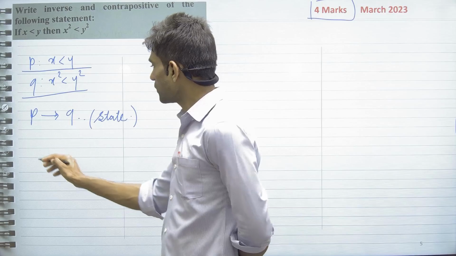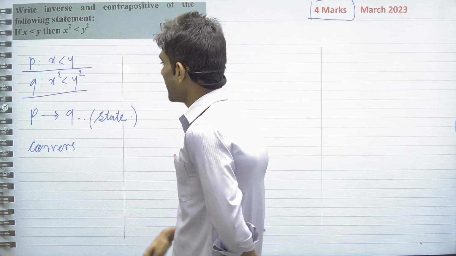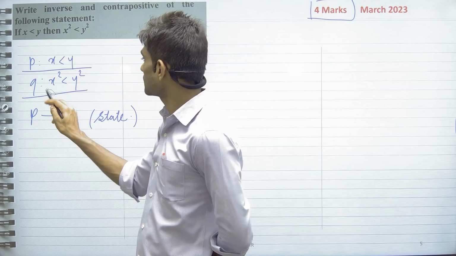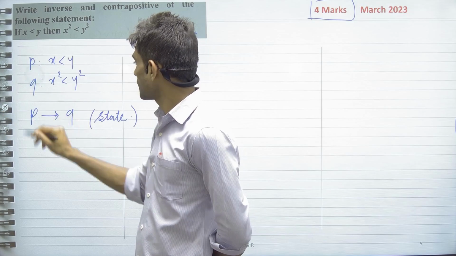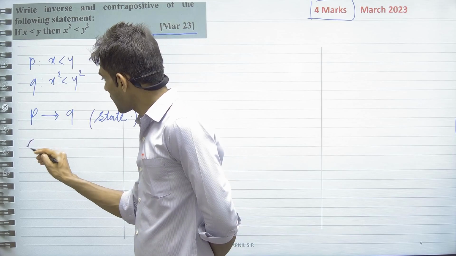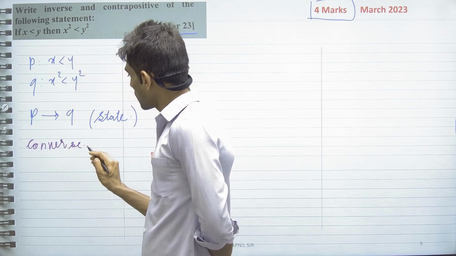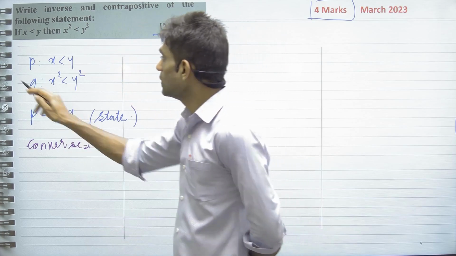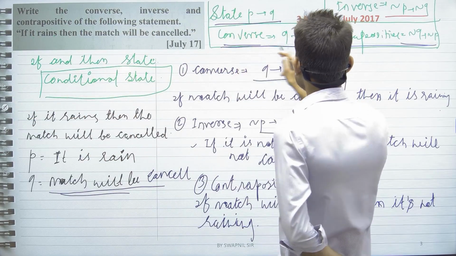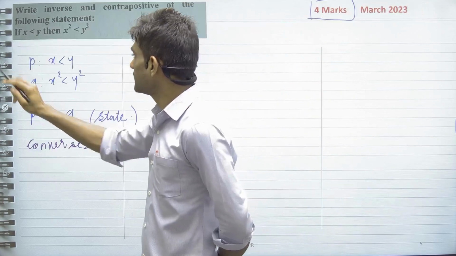So what is the definition for converse? Let's write the converse. If we have statement P implies Q, then the converse of our statement gives us Q implies P. So apply this definition here.